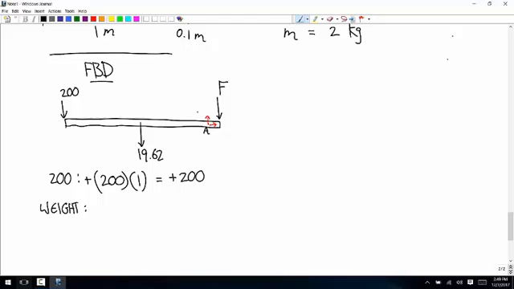The weight acts in the center of that board. So you have to do a little geometry to make this work. The whole board is 1.1 meters long. So the weight is going to act 0.55 meters from the end, right? But this is 0.1 meters.